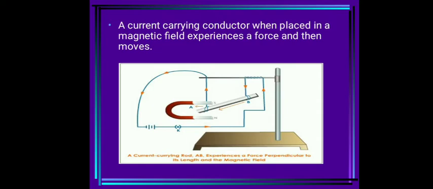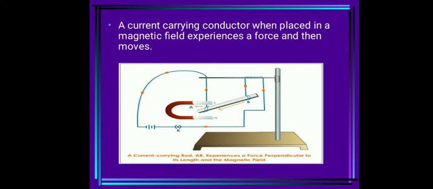Suspend a small rod AB horizontally by means of two connecting wires from a stand, as seen in the figure. Now place a strong horseshoe magnet in such a way that the rod is between the two poles. When current is passed in the rod from B to A, the rod gets displaced due to the force acting on it.